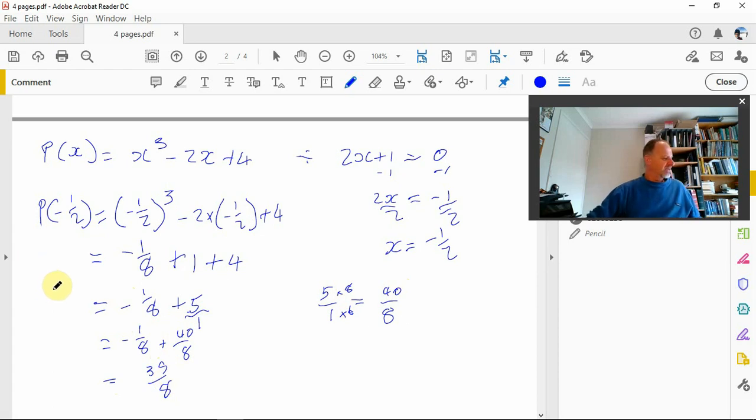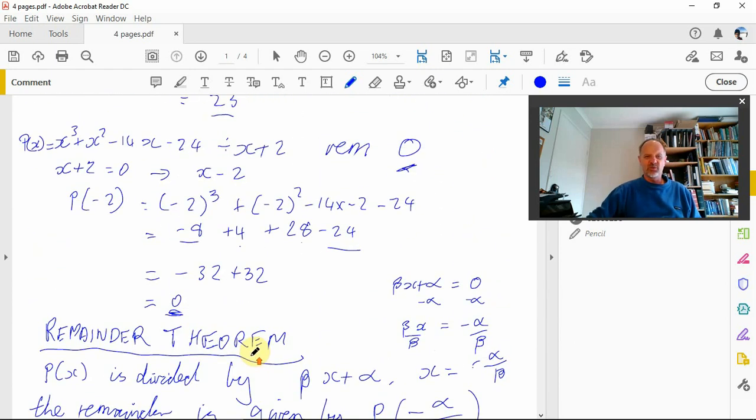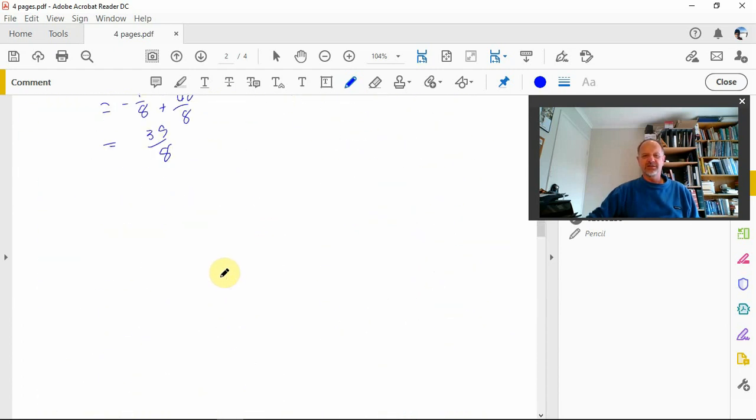All right. Then when we go back to an example that I had before, this one here, where the remainder was 0, a particular thing happens.